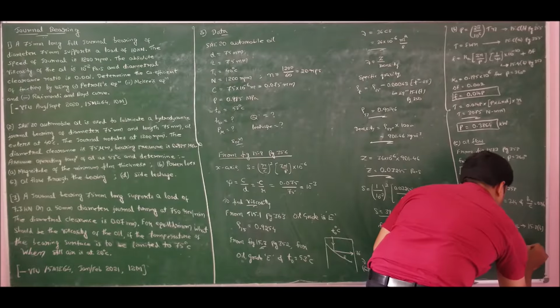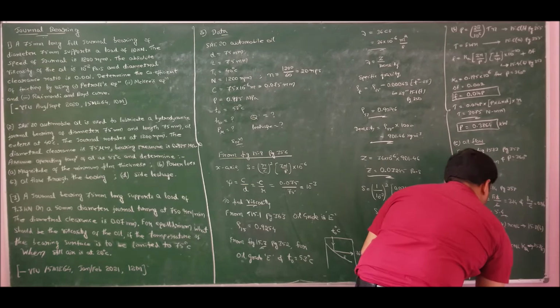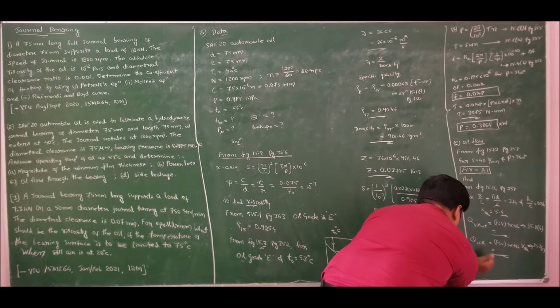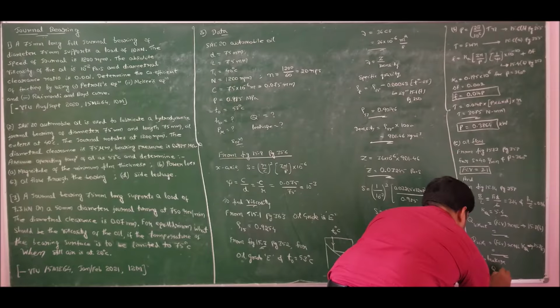This is equation 15.8c. Find the value, and finally I can find the side leakage as flow with leakage minus flow without leakage.